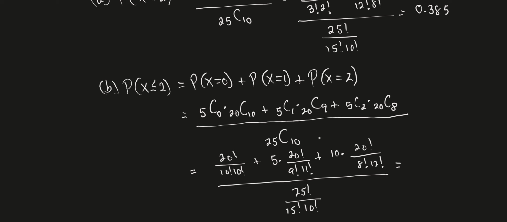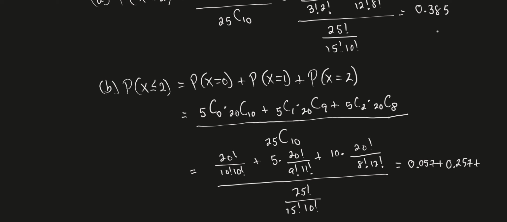And let me write the separate ones together. So the probability that x is equal to 0 to 3 decimal places is 0.057. The probability that x is equal to 1, that's 0.257.